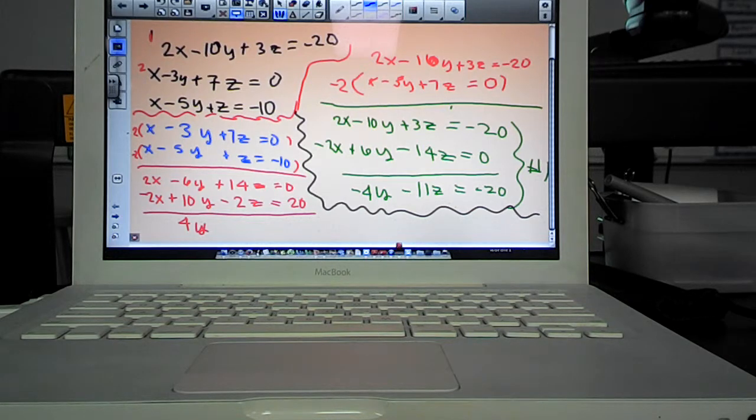Now we've got to find the answer to this, which would be 4y plus 12z equals 20. Okay, so this would be equation number 2.